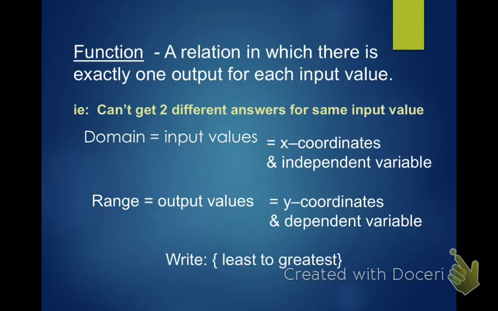You always write it from least to greatest. Just like we talked about with interval notation, if it's going to the left, we start with negative infinity and go up until a certain value. If it's going towards positive infinity, then we go from wherever our value is to positive infinity.